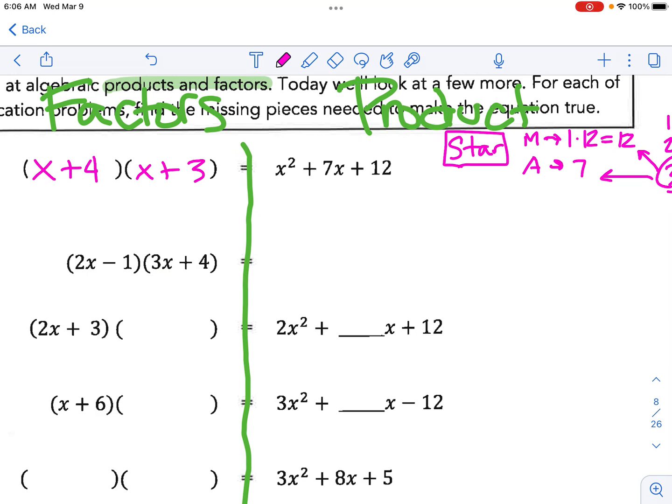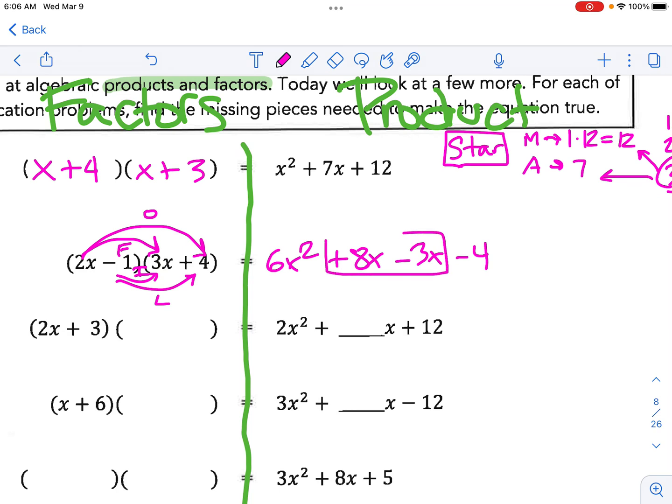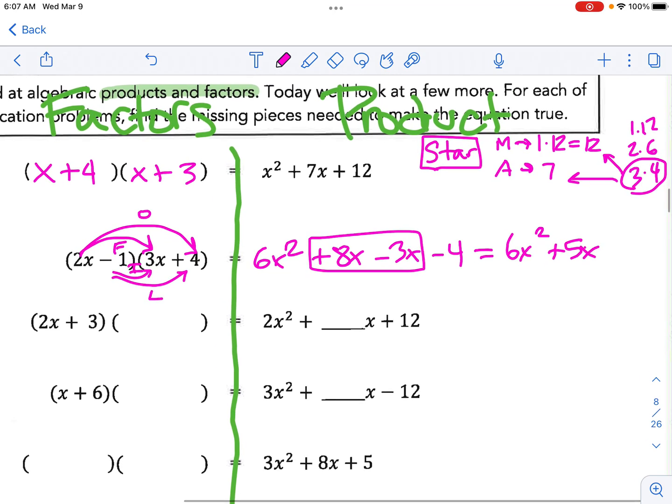And then, of course, we can do our claw or our FOIL here and get 6x squared as our first terms, and then our outside terms look to be plus 8x, and then our inside terms look like they are minus 3x, and our last terms are minus 4. And then you could also do that square method that we did, the area model. We're always looking to combine like terms, and those like terms are our outside-inside terms, and so we get that as our product.